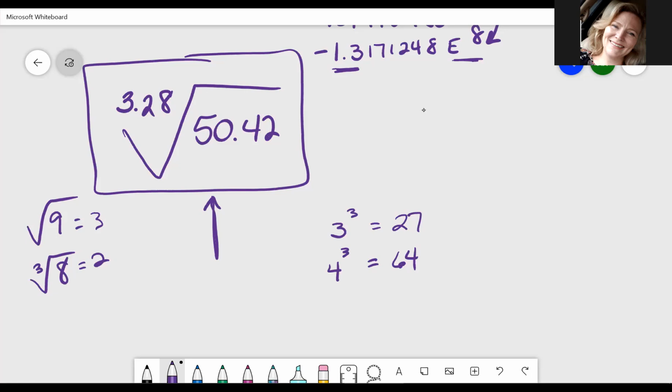Once I hit enter, what's on my screen looks like this, and I'm able to key in a value into that flashing box outside the square root sign, and then I can key in a value inside there. That one's flashing, so I'm going to put 3.28 there, and then I'm going to use the arrow key.